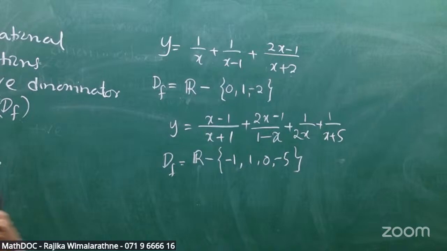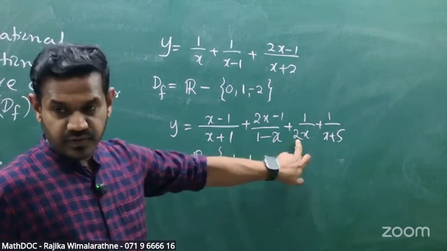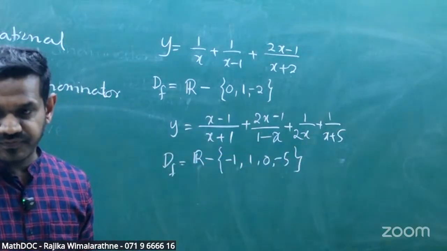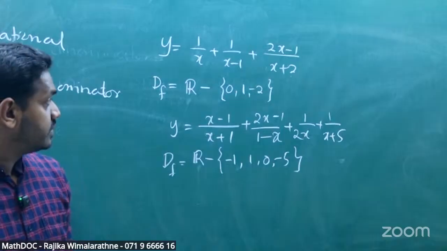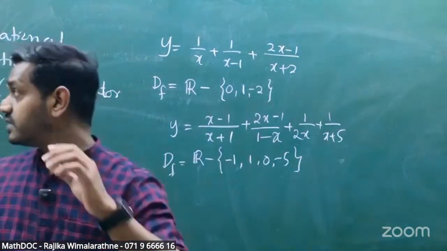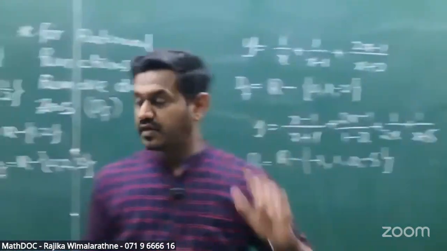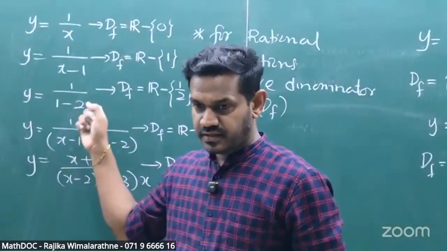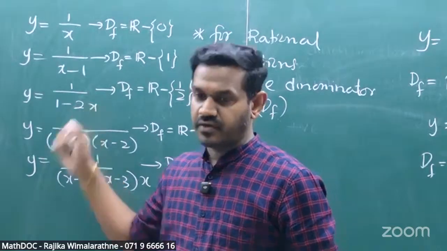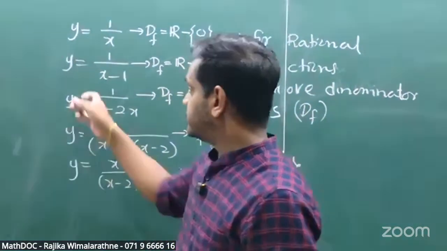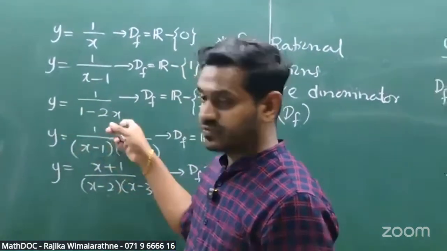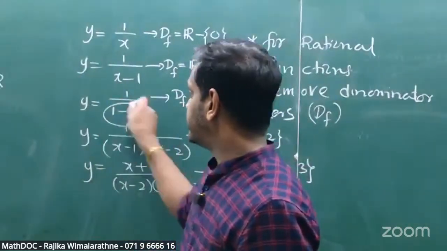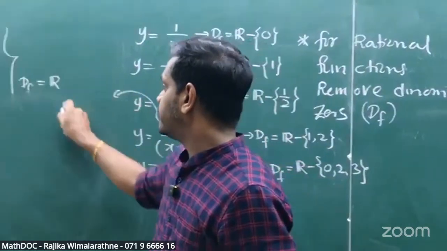So which one is the third domain? That means this one, no? 1 over 1 minus 2x. Okay, see that? So here we have 1 over 1 minus 2x. Then you get the denominator, that is 1 minus 2x.